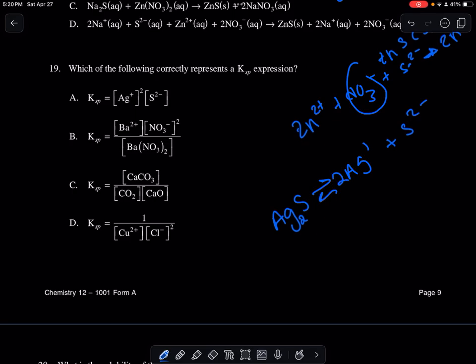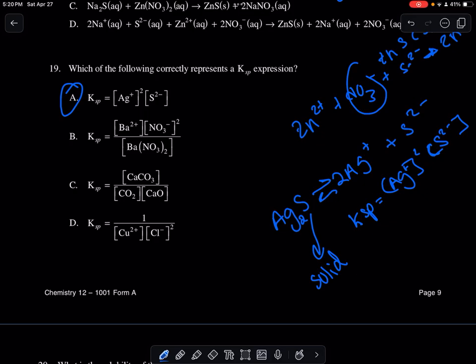So it'll be 2Ag plus and S2 minus. And our KSP expression will similarly have to represent that. So then our KSP is equal to Ag plus squared and then S2 minus. That's our KSP. We don't include this because why? Because it's a solid.